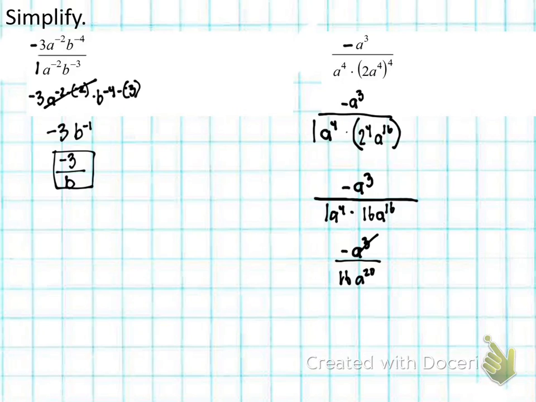A to the 3rd is on the numerator, and then take out 3 from the denominator also, which is 17. Okay, so now all we're left with is the negative sign, which is like negative 1 over 16a to the 17th. Or another answer, you just put the negative sign in the front. It's going to be negative 1 over 16a to the 17th.